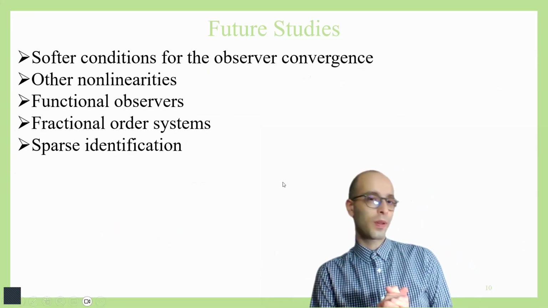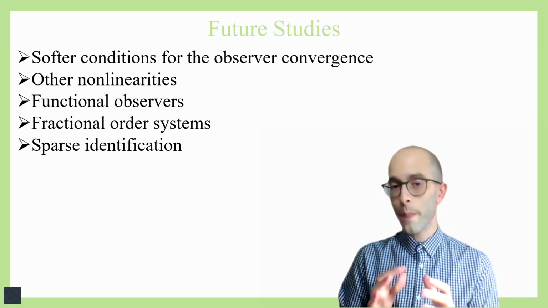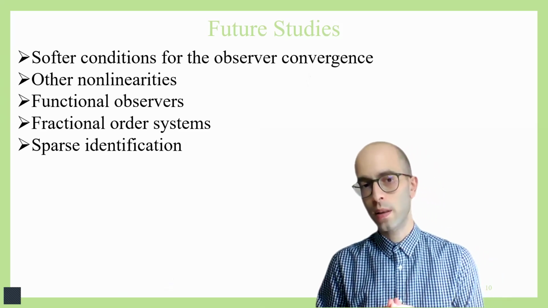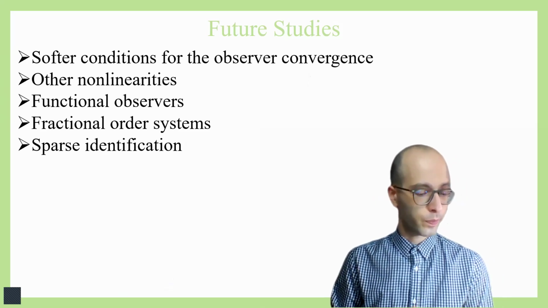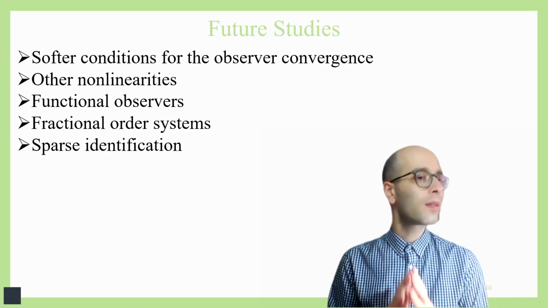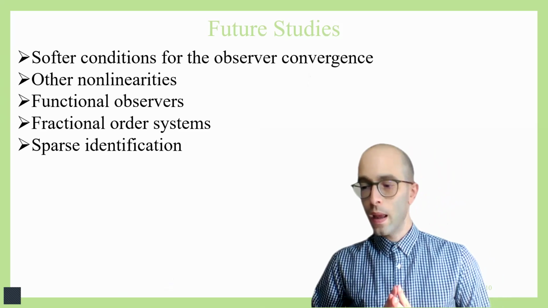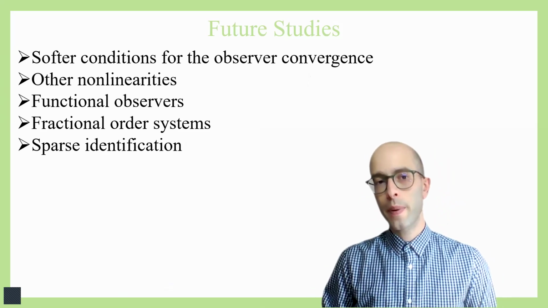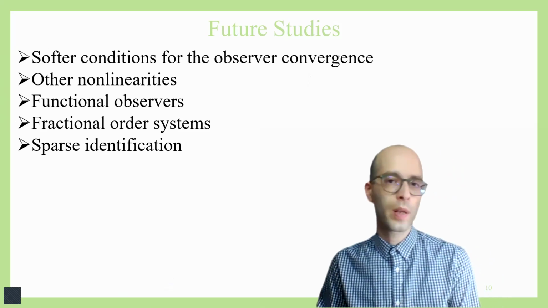What can we do in the future? The results are very interesting, and I personally believe that you can have many different variations of the results, which of course can result in many different papers. So for me, one important and difficult problem is to possibly try and derive softer conditions for the convergence of the observer. Now, all adaptive observer papers have some sort of algebraic conditions that are required in order to have the observer design.